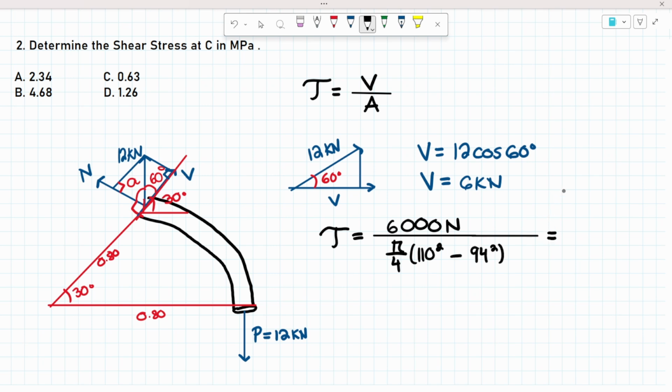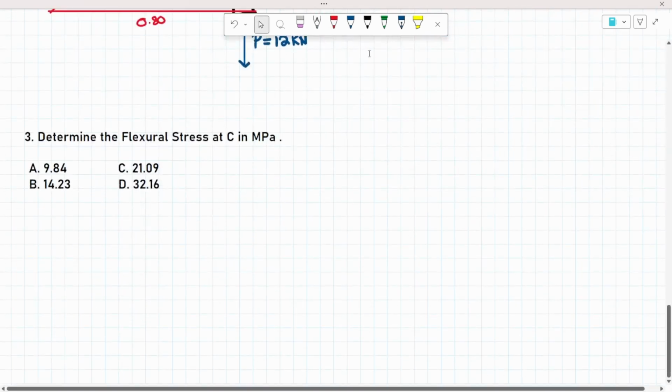Solving for this is equal to 2.34 megapascals. That is letter A. All right. So this is the answer for number 2. Let us proceed to number 3.